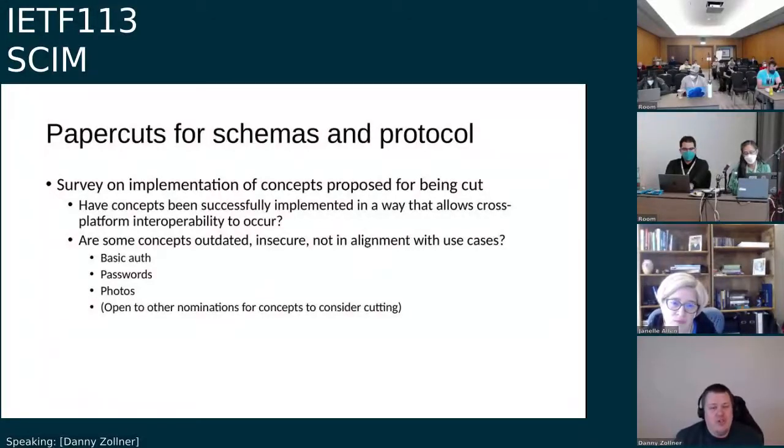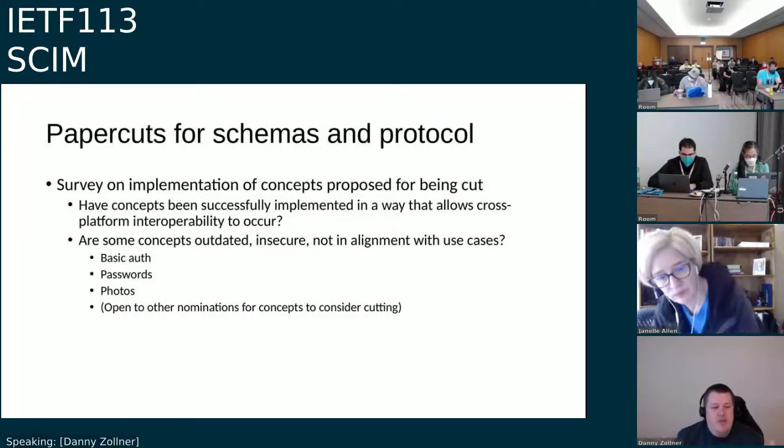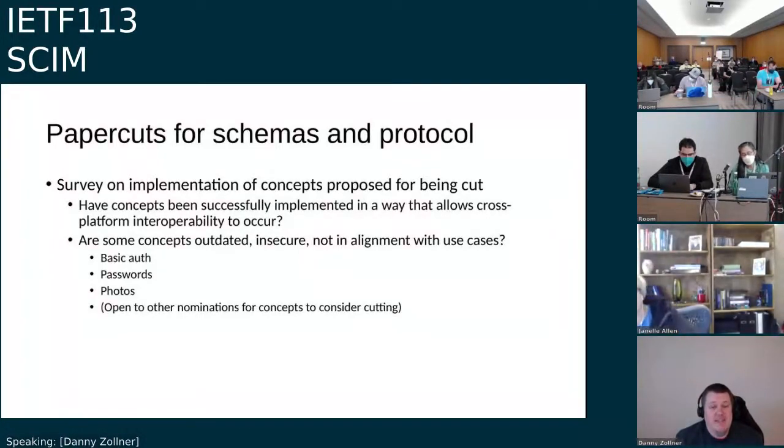I'm aware that there are certain, mostly what we'll call legacy concepts, where you might be provisioning into something like a mainframe where you must provide a password, and that makes sense. But whether or not those are internet facing and whether they line up with the goal of the SCIM standard is up in the air.